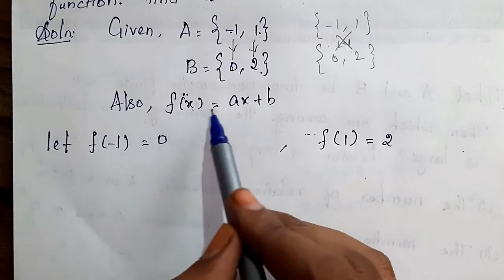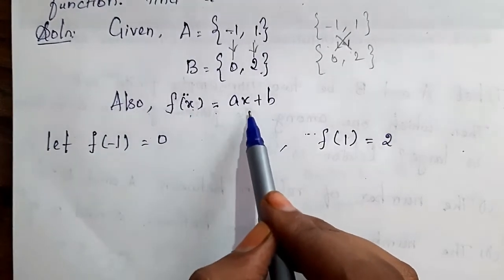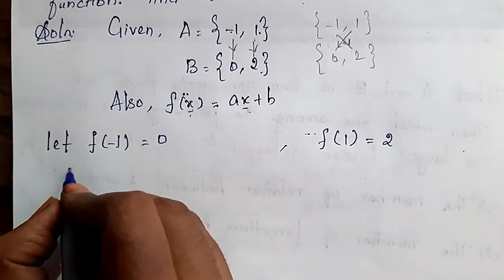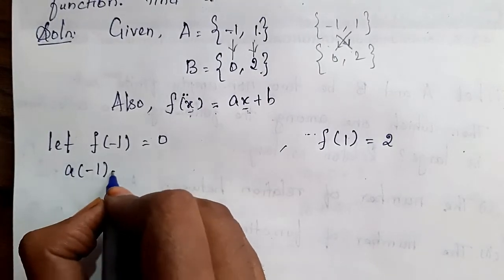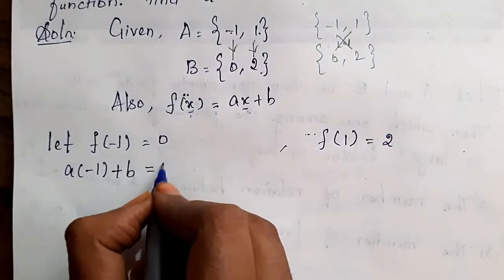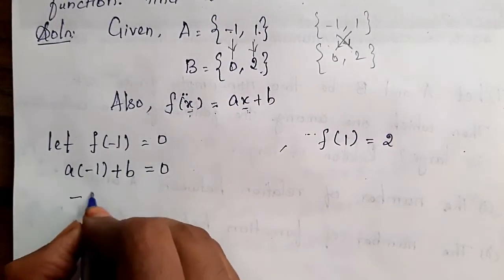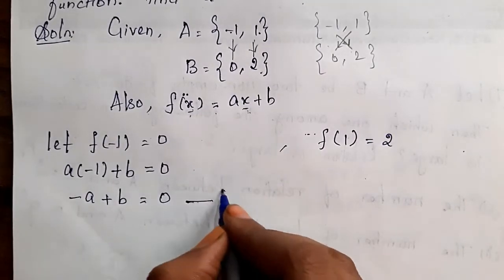If you put -1 here, here also you have to put -1. So a into -1 plus b equal to 0. Just apply here. Then multiply: -a + b = 0. Take it as equation number 1.